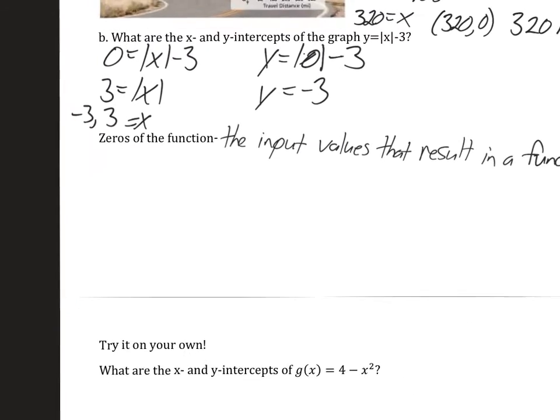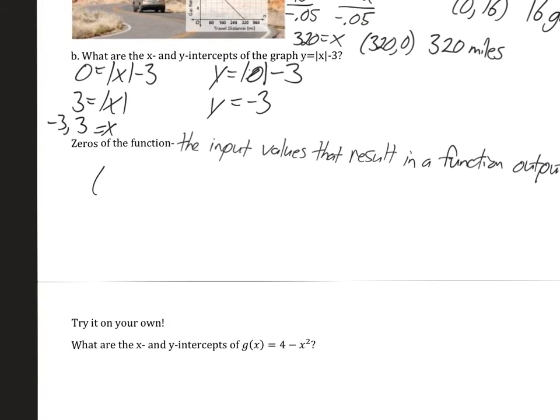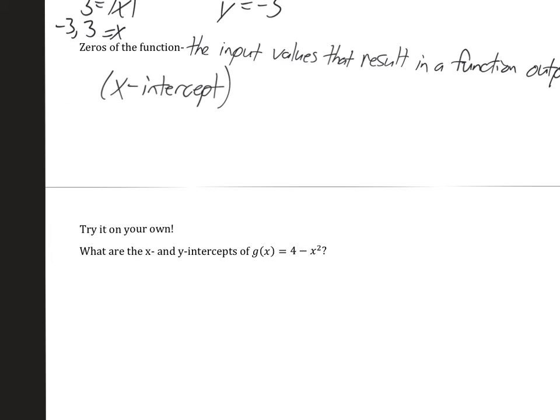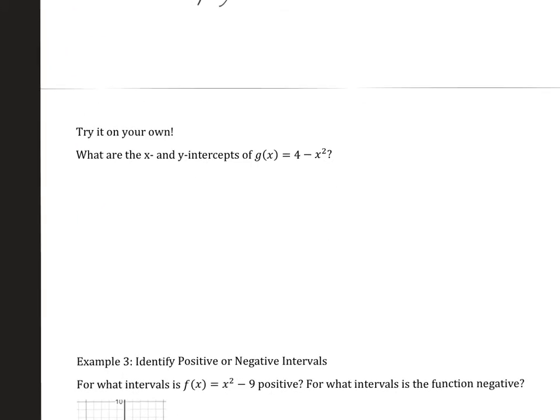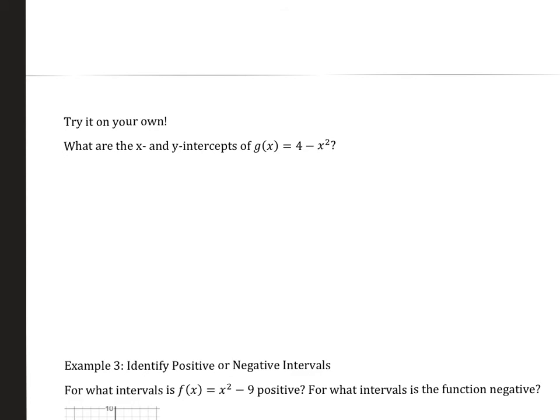Or basically, your zeros is just your x-intercept. So if I ever ask you to find the zeros of the function, you're just telling me what's my x-intercept. Okay, so the next part. I want you to go ahead and try this one on your own. So go ahead and try it, and then we're going to check it together.